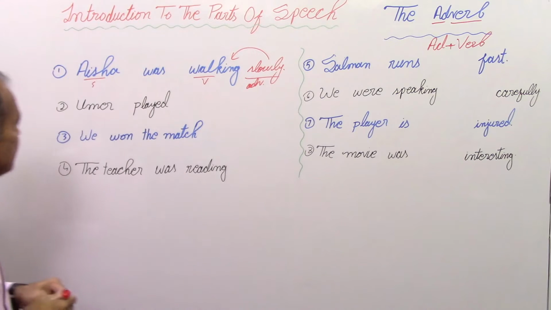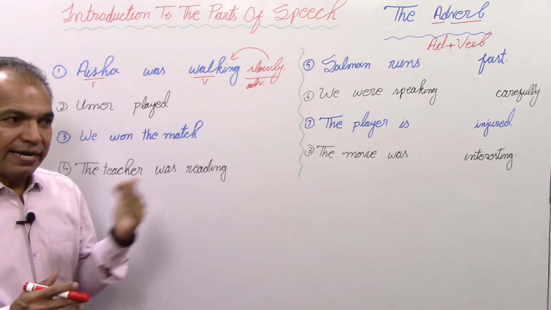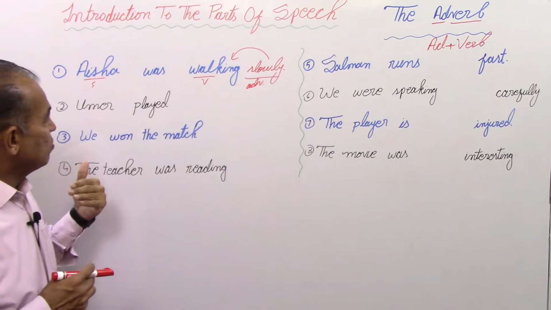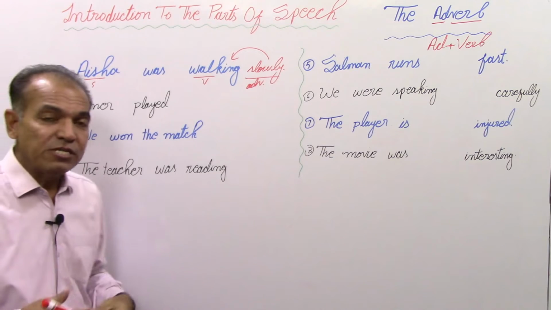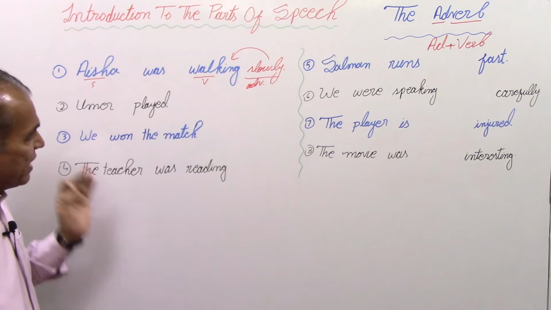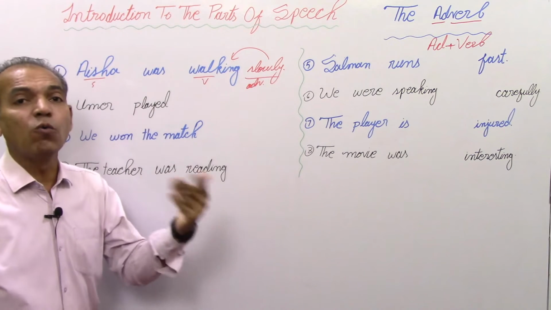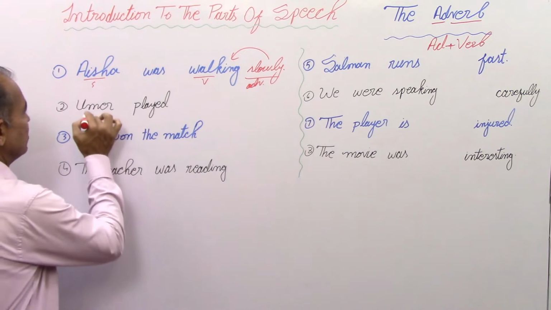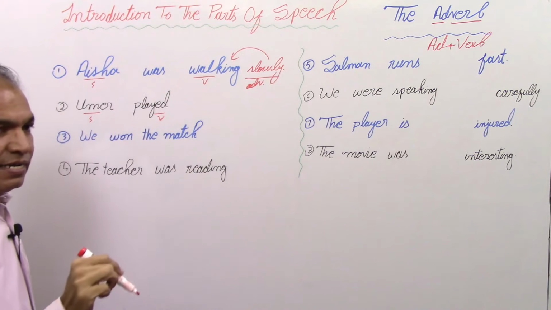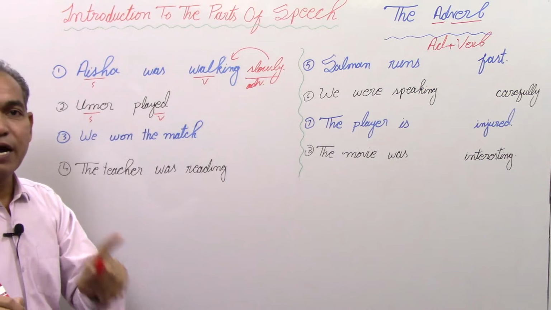Let's take the second example. Umer played. Now we are talking about a match, because Umer played a match and we are discussing the performance of Umer. We are saying Umer played, but how did Umer play? We want to add something to the meaning of this verb so that we can tell people how Umer played. Umer is subject, played is verb. If we use a word to add something to the meaning of the verb, that word will be called adverb.